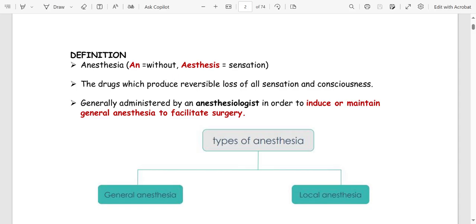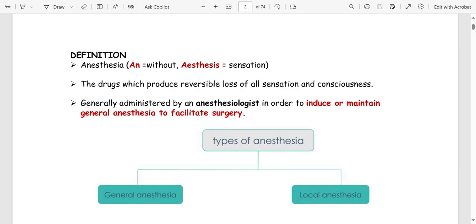When anesthesia is being given, you are giving it so that someone shouldn't feel anything. The drugs which produce reversible loss of all sensations and consciousness, we call anesthetic agents. It's important to understand that the loss is reversible; it shouldn't be permanent.